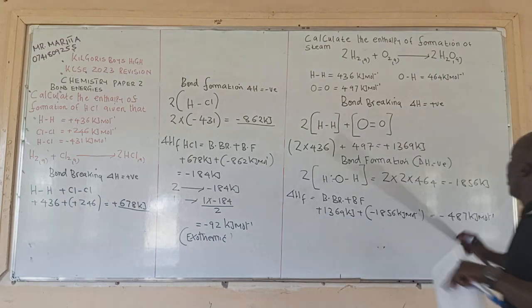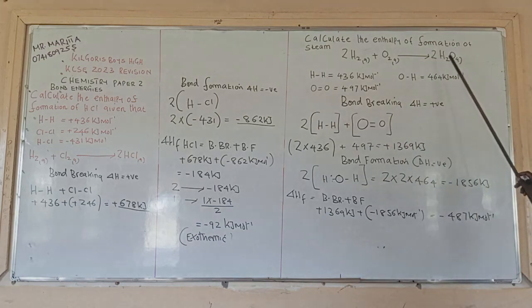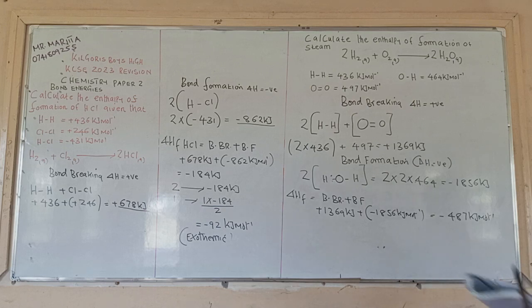Now we have here 2 moles of steam, and these 2 moles of steam will produce negative 487. So what about 1 mole?